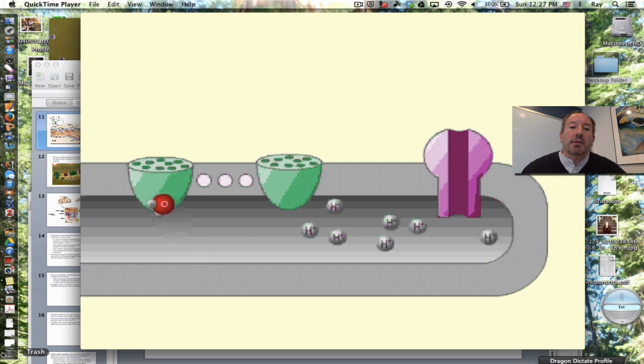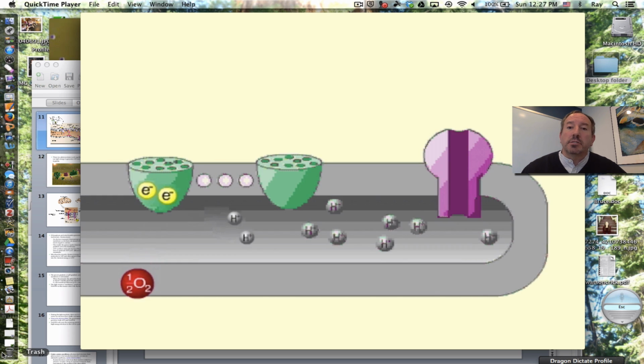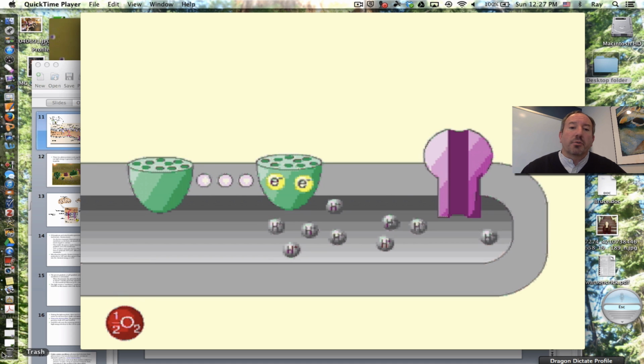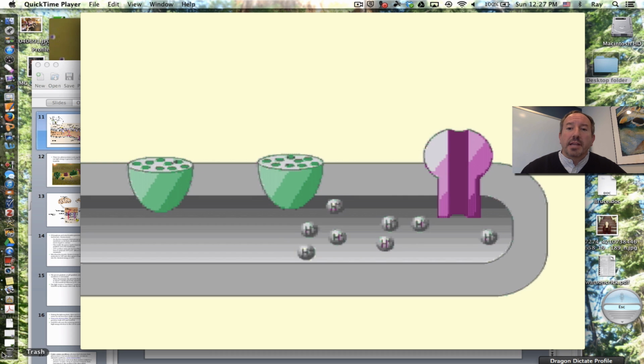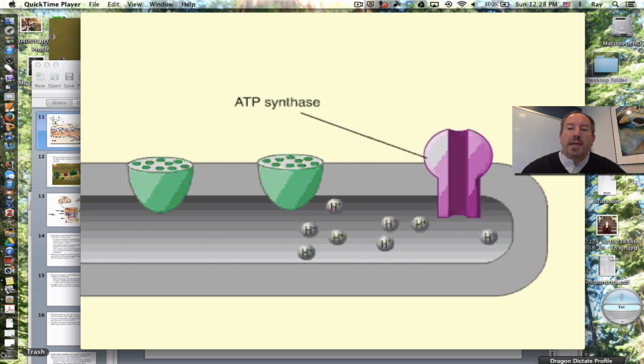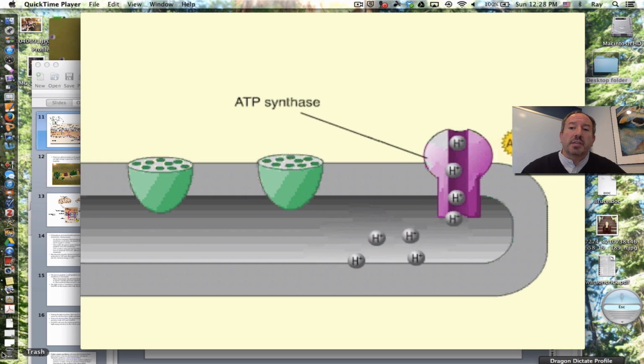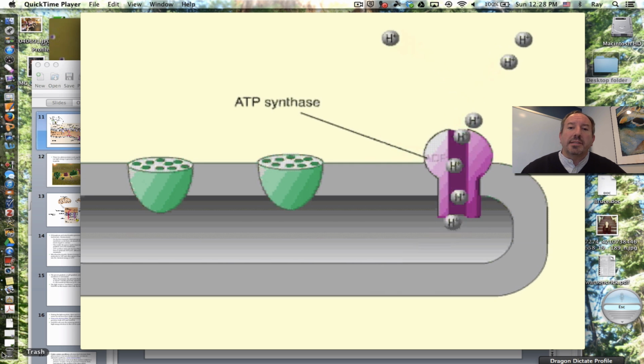And so now the thylakoid needs more electrons, so it uses water as a source, and so therefore oxygen is produced. So the whole point of this is to generate an electrochemical gradient, and now these protons are trying to get out of the thylakoid, and so they can't, so then they end up passing through this protein that is associated with ATP synthase.